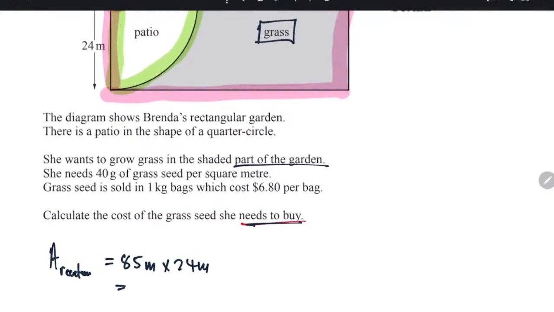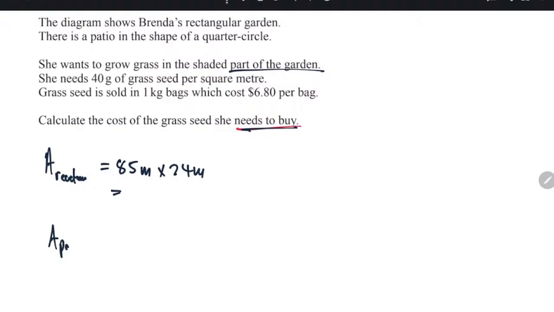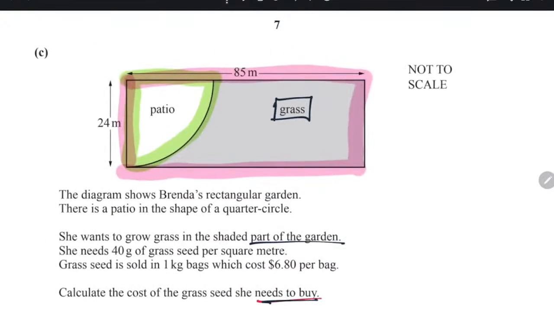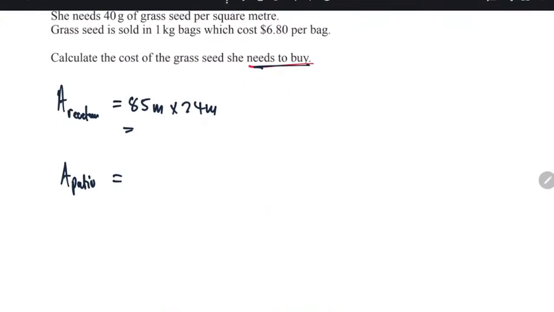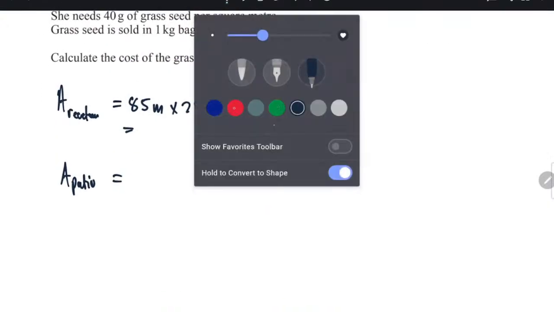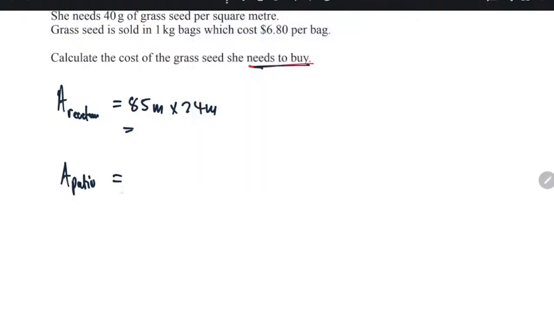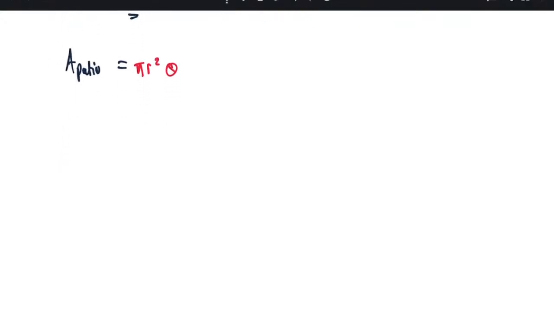Then you're going to say area of partial is going to be equal to, what do we have? We have the radius. Remember, the area is like this. Pi r squared theta. It's pi r squared theta, which here it will be a quarter.